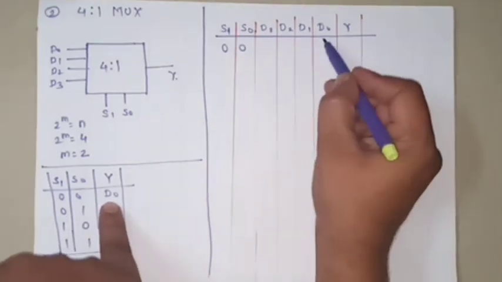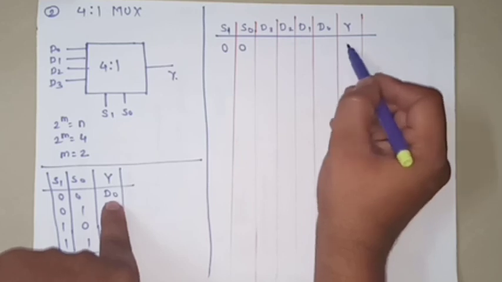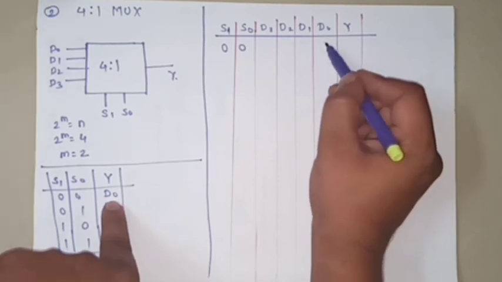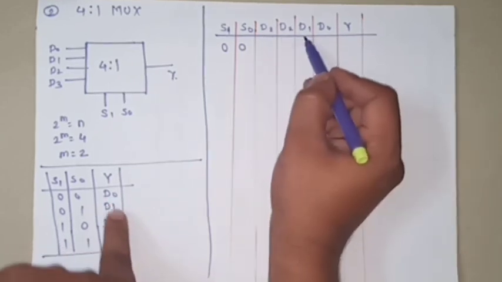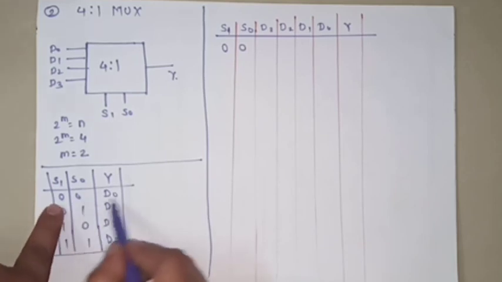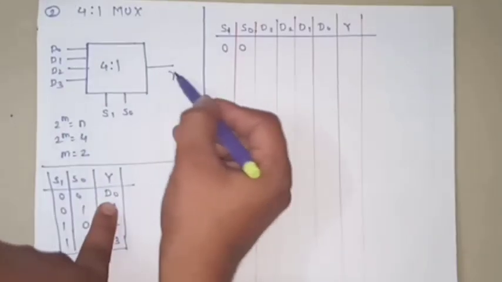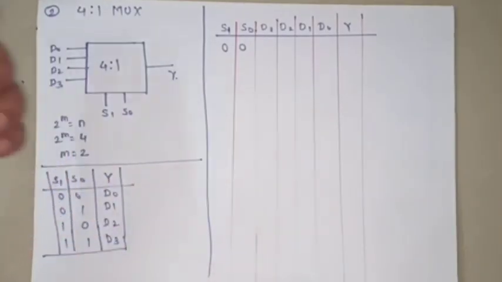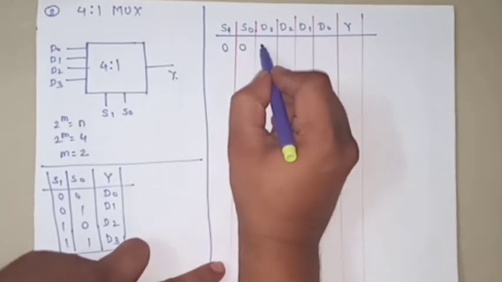So only the D0 value is applicable for the output Y. D0 will affect the output Y, and these 3 will not affect Y, because when 0 0 is there, we get D0 only. Whatever the value of D0 we apply here will appear at the output Y. So there is no effect of D3, D2 and D1.